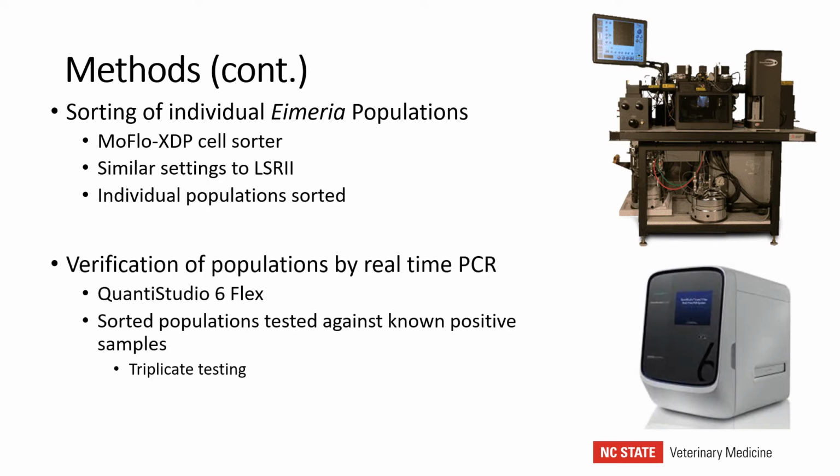The identity of these cell-sorted populations was verified by real-time PCR. We used the QuantStudio 6 Flex to accomplish this. The sorted populations were tested against known positive samples. Samples were tested in triplicate with both positive and negative controls.